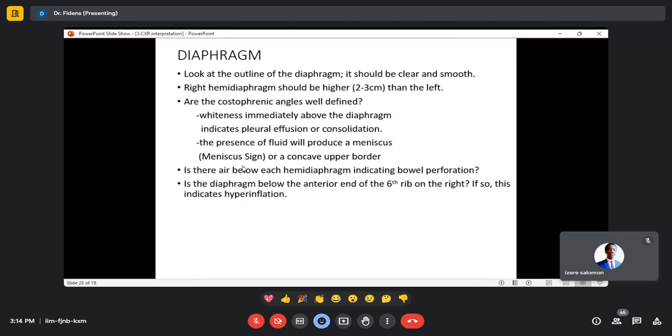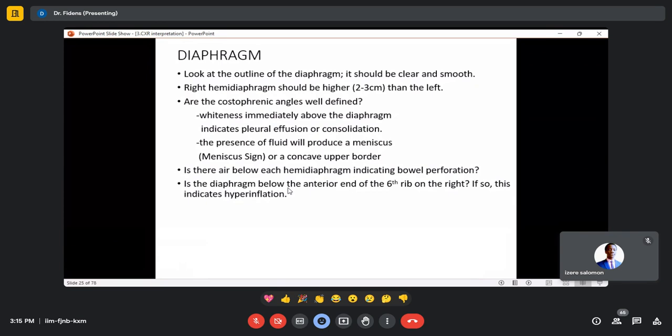Okay, you have to check for the diaphragm if there is free air below each hemidiaphragm, indicating bowel perforation, what you call pneumoperitoneum. If there is free air below the diaphragm, it can be seen over a chest radiograph.